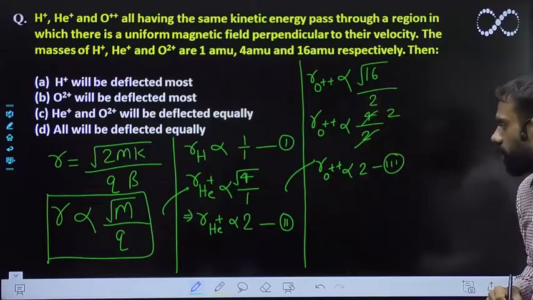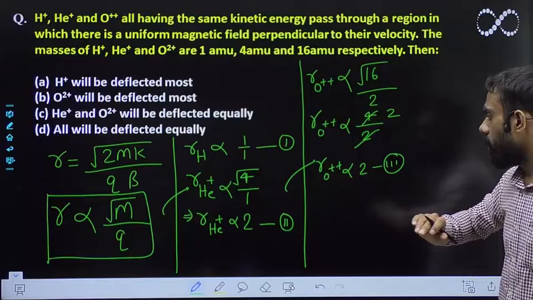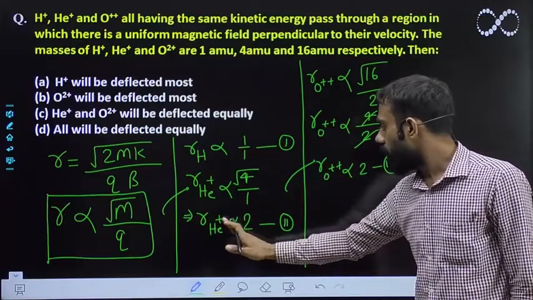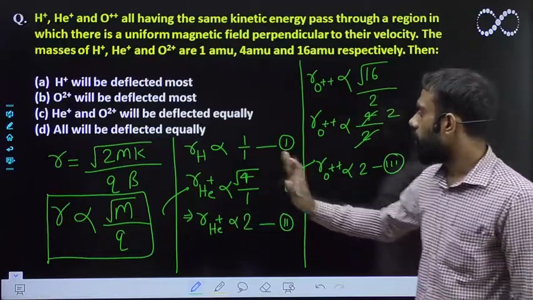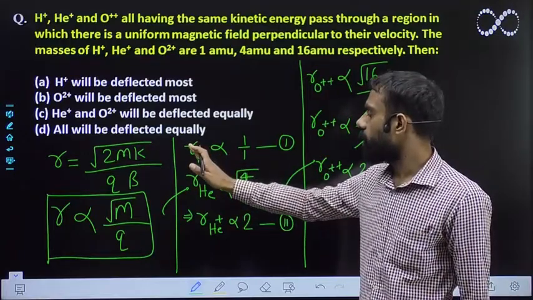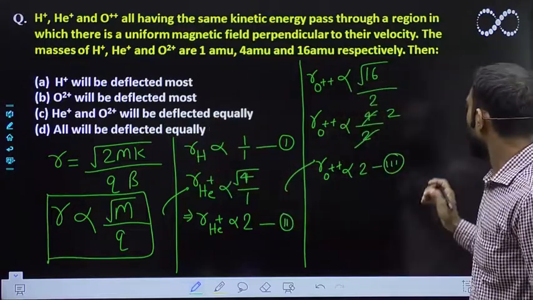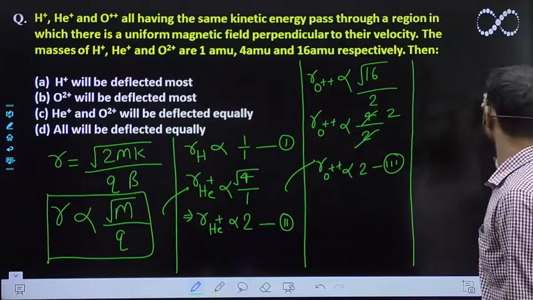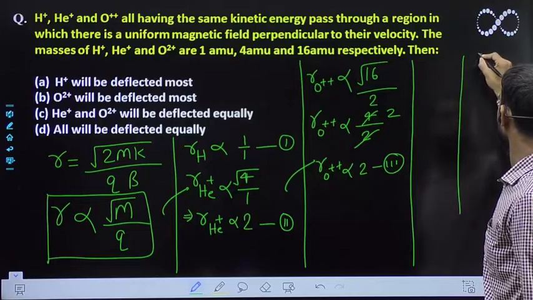Now you can easily see the radius of helium and the radius of oxygen are both directly proportional to 2. So helium and oxygen will have the same radius, but hydrogen will have a different radius, and that will be smaller. So what will happen here if I give you the picture? Let us take it like this.